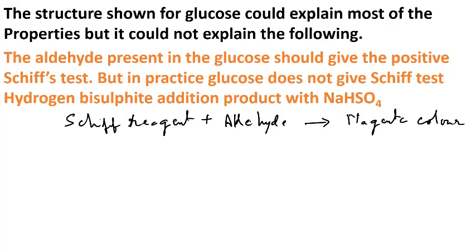Also it does not give the addition product with sodium bisulfite. So glucose does not give the positive Schiff's test, and also does not give the addition product with bisulfite.